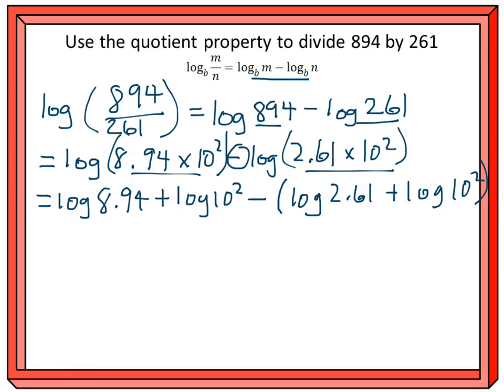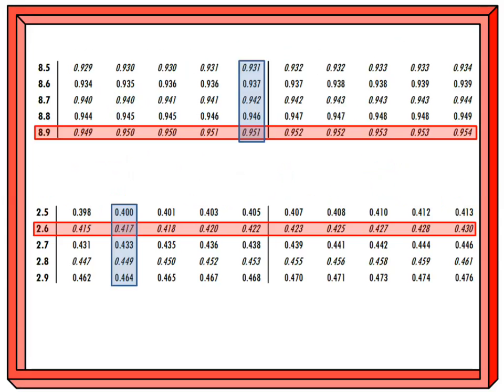Okay, so now let's just evaluate each one of these logs from the log table. So the log of 8.94, so I have these both set up. It's that number there at the intersection of those.